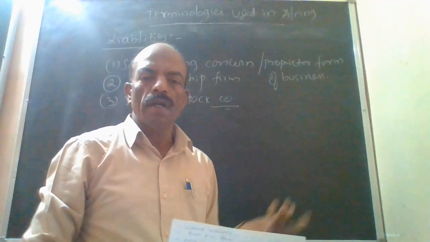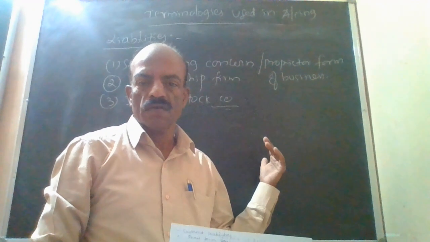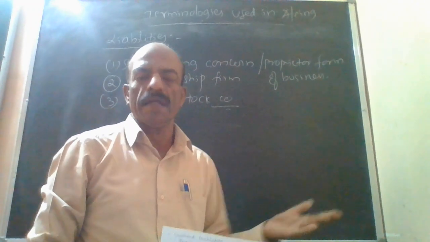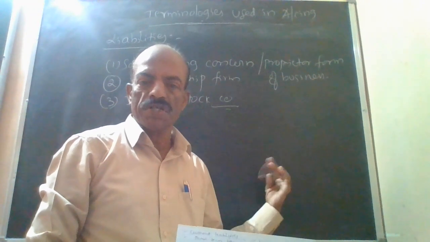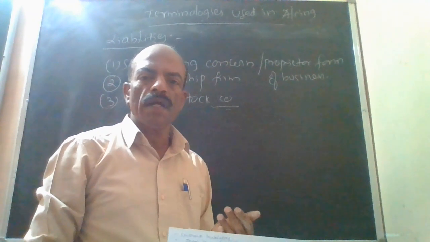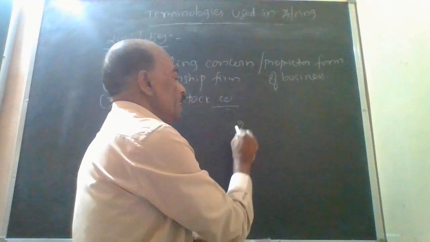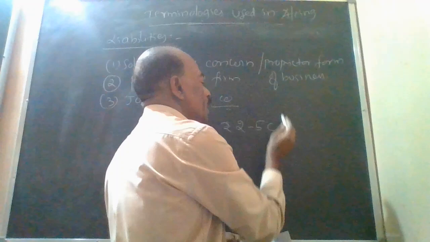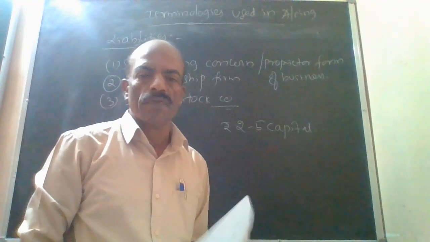Here the sole trader will do the trading activities, purchasing grocery for a lower price and selling at a higher price, or he can do a stationery business, purchasing stationery for less and selling at a higher price. For that he may require hardly 2 to 5 lakh rupees as capital. That amount he can get from his friends, relatives or from the bank.